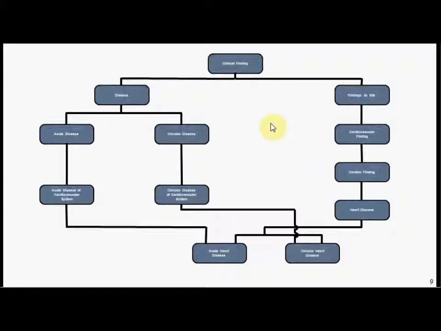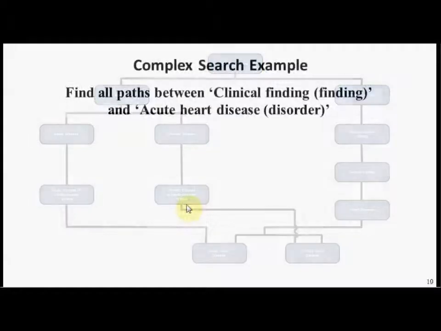So here in this close-up view of a portion of SNOMED, we see this notion of clinical finding here and a bunch of descendants here, and we see at the bottom here something called acute heart disease. And we see that there's multiple paths going from clinical finding to acute heart disease.